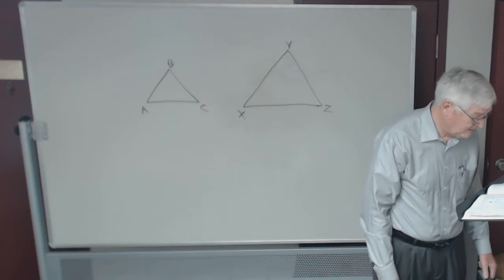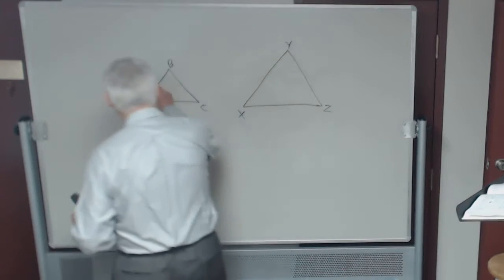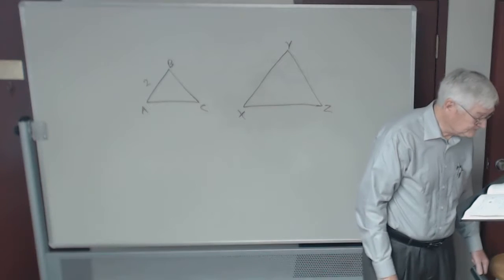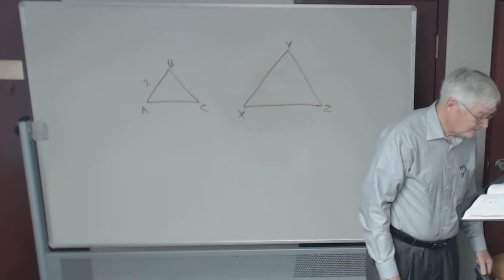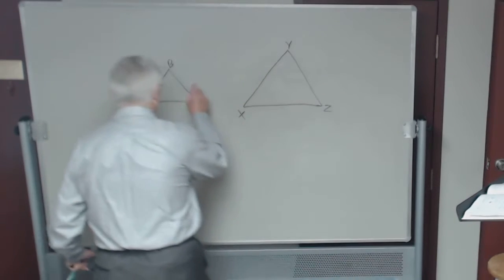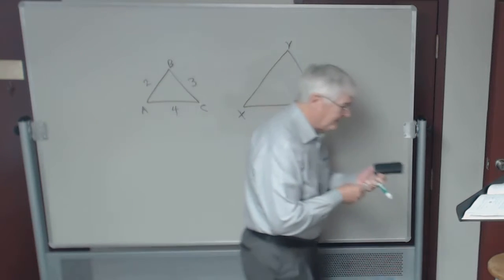AB is 2. Isn't that what they said? And what else did they tell us? BC is 3. And AC is 4. Did I copy down the information right?